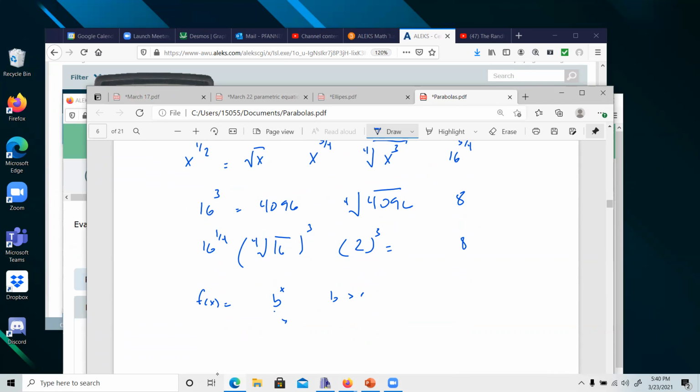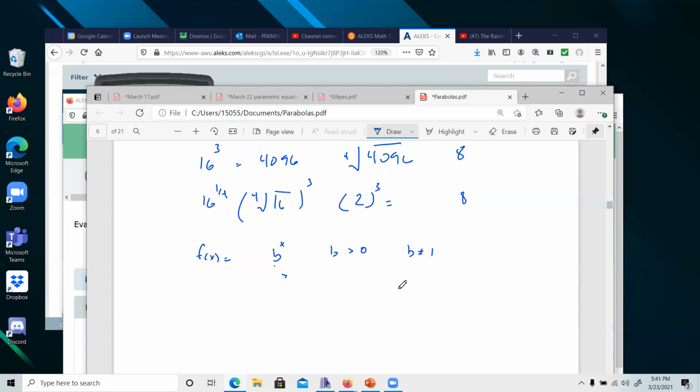B has to be bigger than 0, and it can't be 1. Okay, so it could be a fraction. That's fine. You could have like 1/3 to the x power. That's okay. You could have 3 to the x power. That's okay. All right. You can't have -2 raised to the x, though.